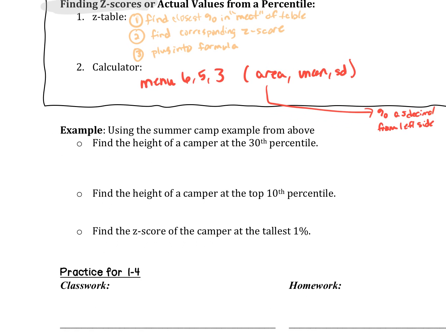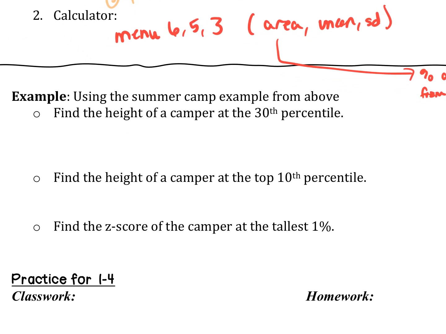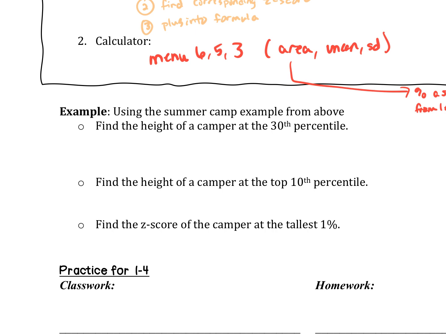Let's do each of these in both formats. Find the height of a camper at the 30th percentile. If we're using the table, we're looking for as close to 30% as we can find. That has to be to the left-hand side, because the middle is 50%, so 30% has to be over here.